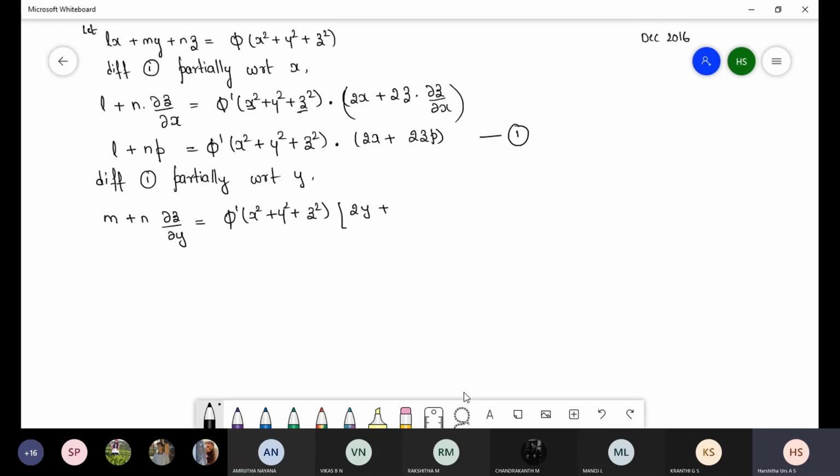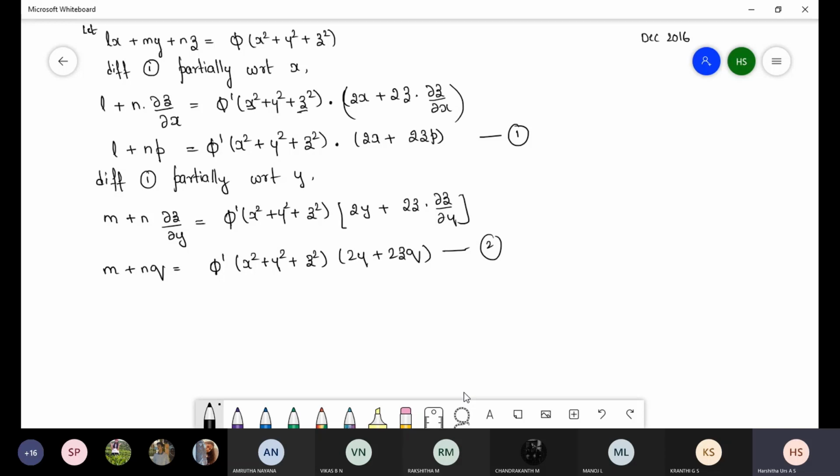Differentiation of z square with respect to y partially means 2z into differentiation of z, which is dou z by dou y. So m plus n into q is equal to phi dash of x square plus y square plus z square into 2y plus 2z into q. Call this one as equation 2.